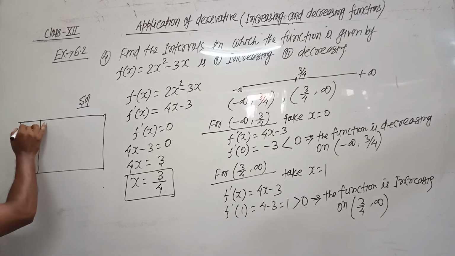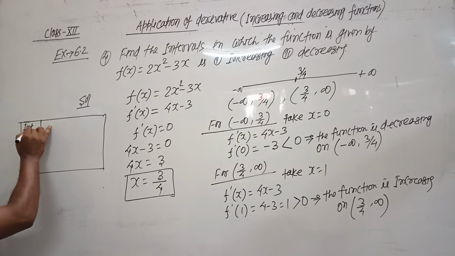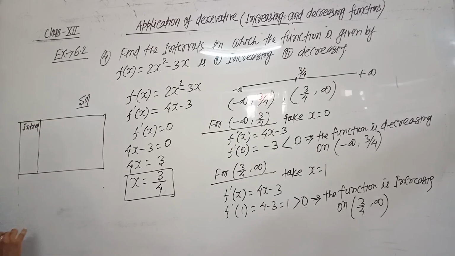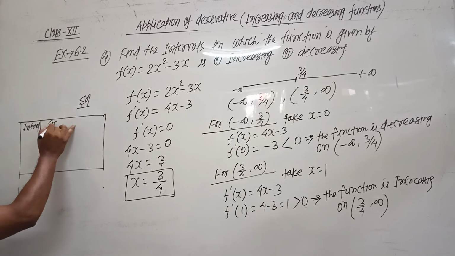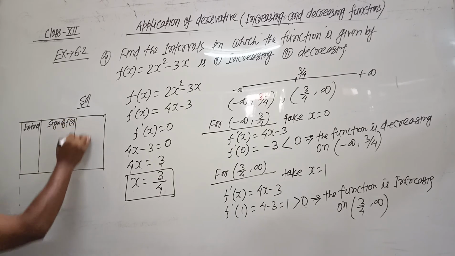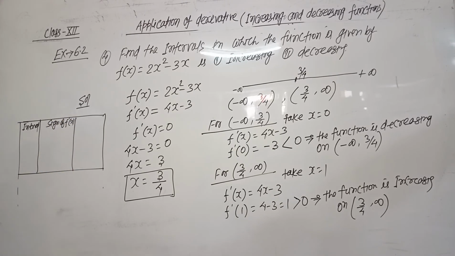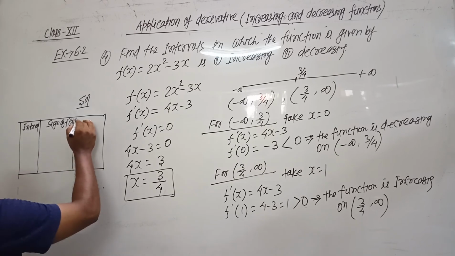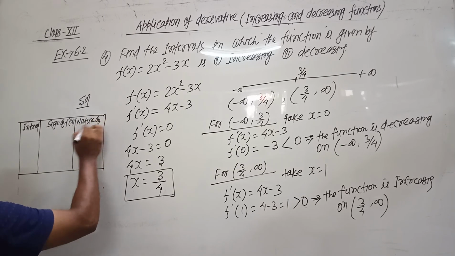In the first column we write the interval, then the sign of f dash x, then the nature of function.